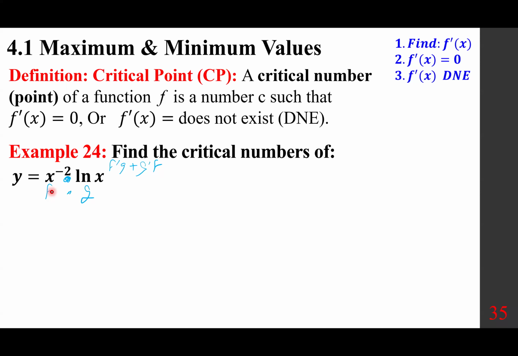F prime is negative 2x to the power minus 3 times ln x, plus the derivative of ln x, which is 1 over x, times the first piece, x to the power of negative 2.